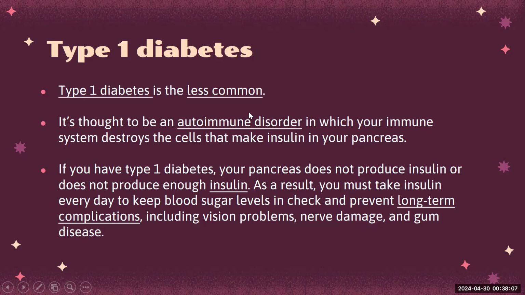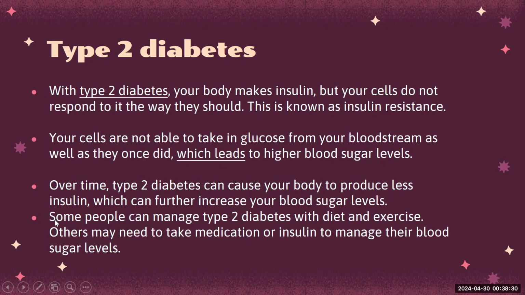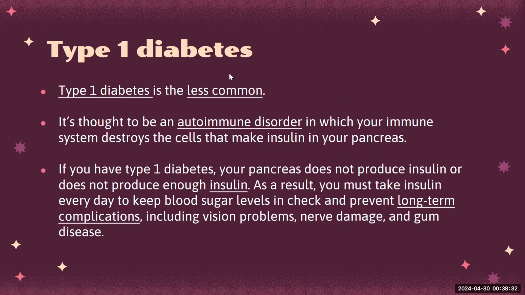Our body's immune system attacks the cells of the pancreas which make the insulin, so that organ doesn't work. So in type 1 diabetes, your pancreas cannot produce enough insulin, so the glucose level becomes high.